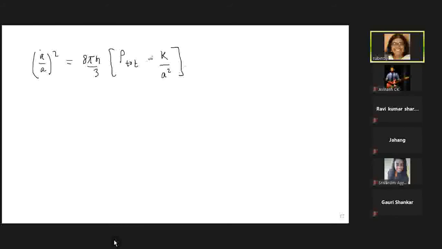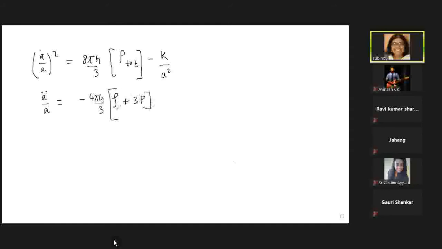This does not come under the bracket. This is the bracket. Okay. So this is the first equation, and the second equation is A double dot by A, there is no square here, A double dot means acceleration, minus 4 pi G by 3 rho plus 3p.